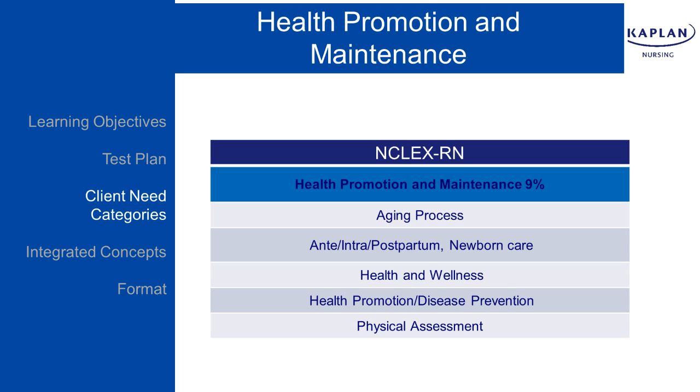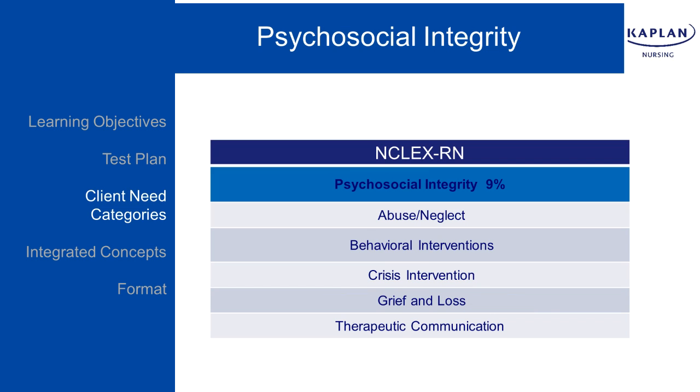Health promotion and disease prevention, as well as physical assessment. But do keep in mind, this is a small area of the test plan, even though it covers a lot of content.